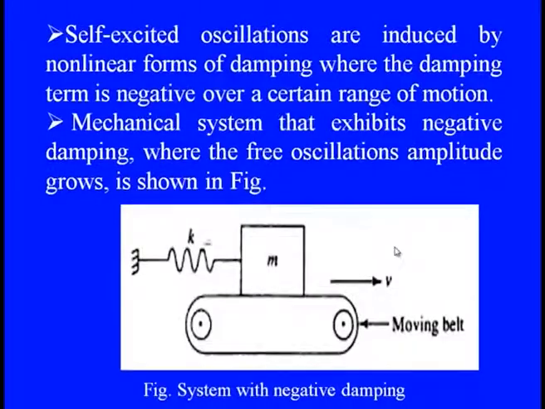For example, self-excited oscillations are induced by nonlinear forms of damping, where the damping term is negative over a certain range of motion. When mechanical systems exhibit negative damping, it clearly shows that self-excited vibrations and system instabilities are there.